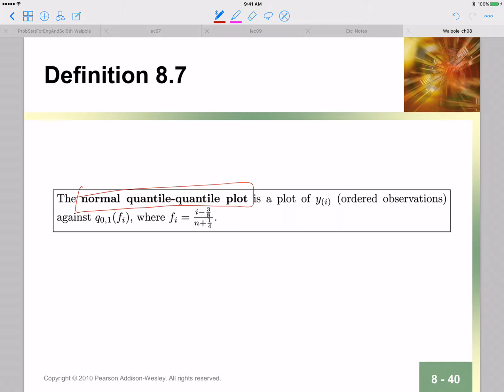In this manner, this plot, or in short, we call it a QQ plot, will have x and y axes that are both quantile values. So what was a quantile? Quantile maps the probability value into some value of x.